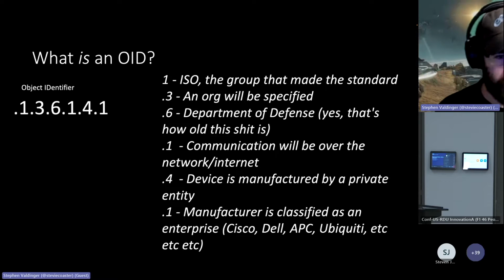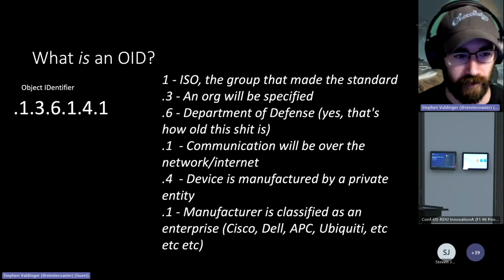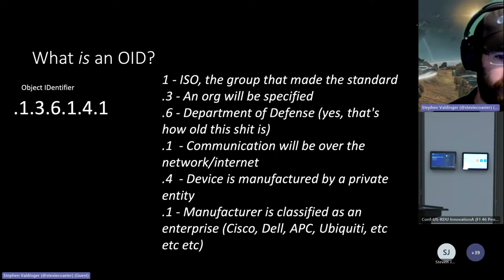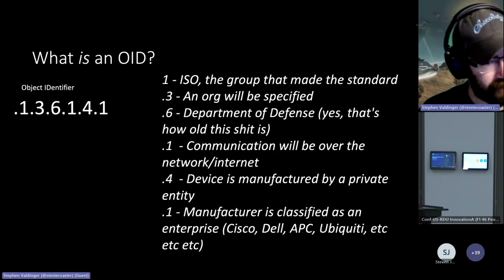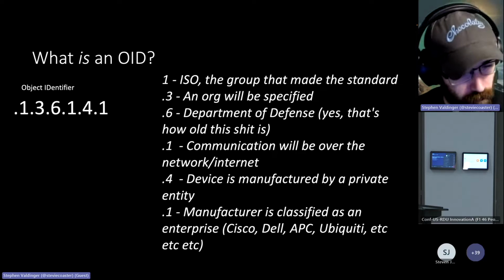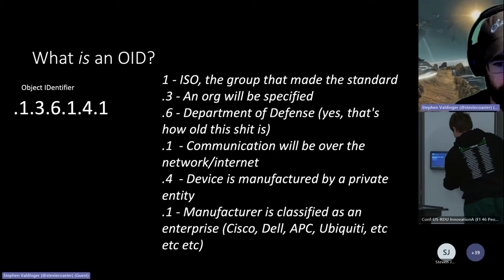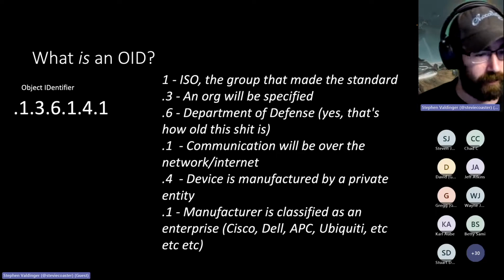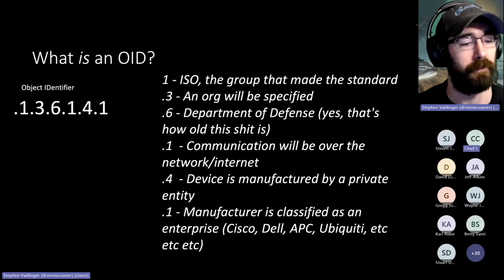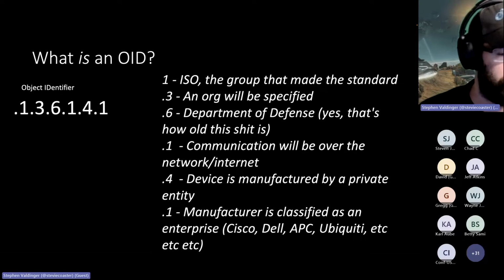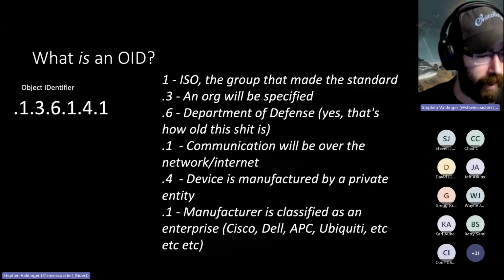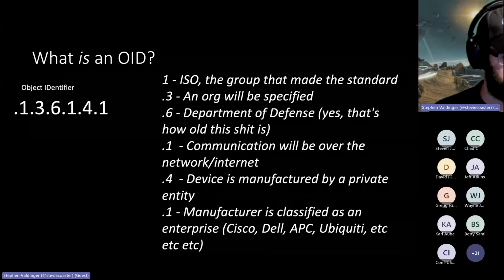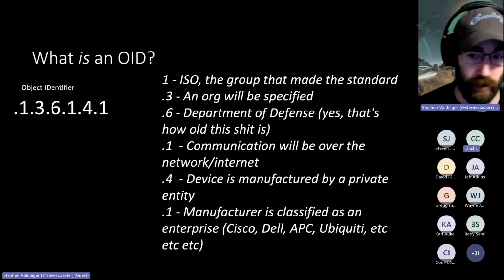The leading dot one is the ISO body, the thing that kind of drives the standard, right? And then they start breaking it down. The three means that an org is going to be specified. The six literally means the Department of Defense, because the Department of Defense was one of the main drivers behind the creation of SNMP because of ARPANET, right?